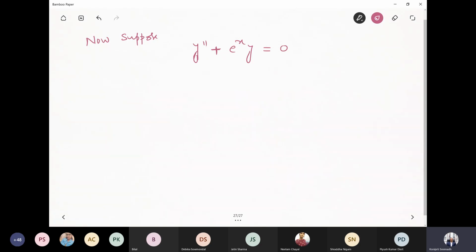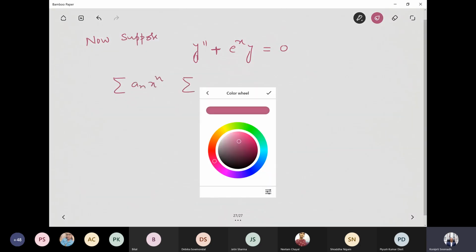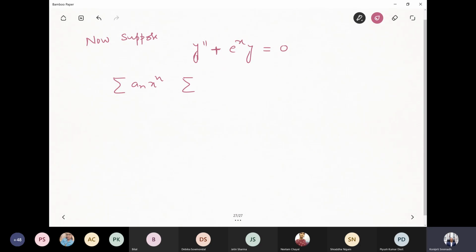So we have a series a_n x^n, and another series coming from the exponential, say alpha_n x^n, with the same index. I have to multiply these two and get the result again in the form of a series.